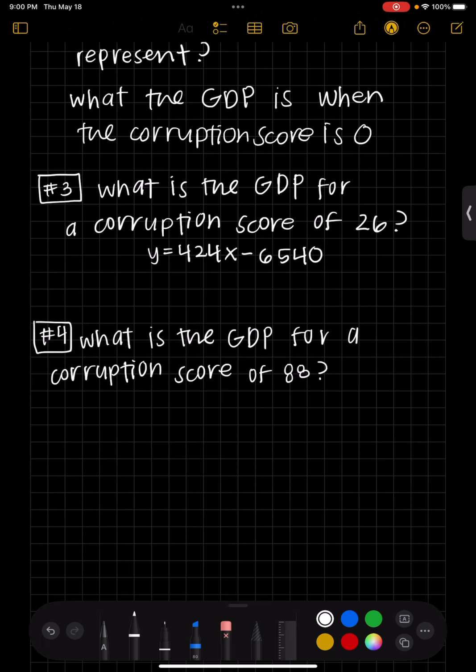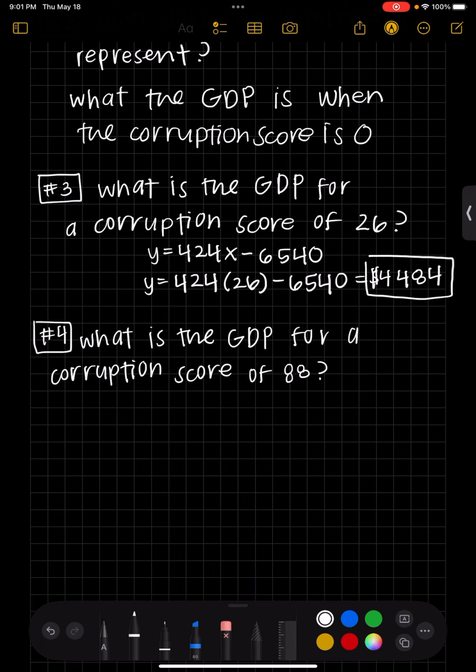And so I want to know what the GDP is when the corruption score is 26, which means I'm going to take this equation and replace the X with 26. So I'd get y is equal to 424 times 26, minus 6,540. Then I can plug that into a calculator, and I'm going to end up with 4,484.